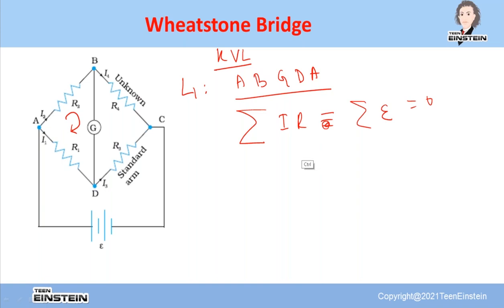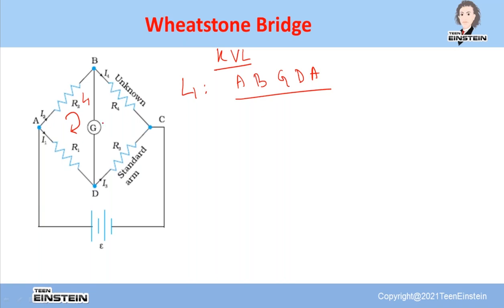They have to be equal, or else you can write it as equal to 0, whichever is convenient for you. I generally prefer to write summation over IR equal to summation over the EMF of the battery involved in the loop. We learned this with two, three applications in the last class, so you can refer to the last class. If you don't understand, you can ask me again.